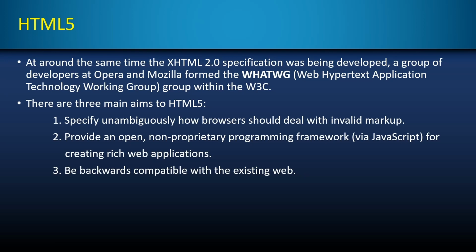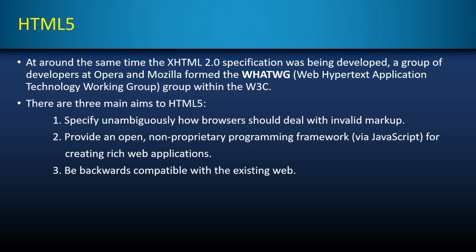So W3C accepted these main aims for HTML5 and released HTML5 in the market in 2006 and around 2007. The problem during HTML5's early days was that not all browsers supported it.